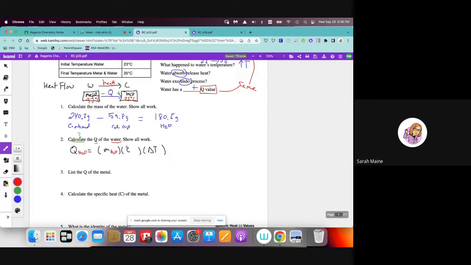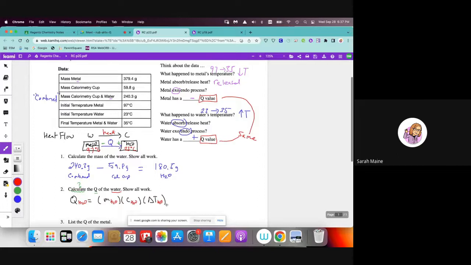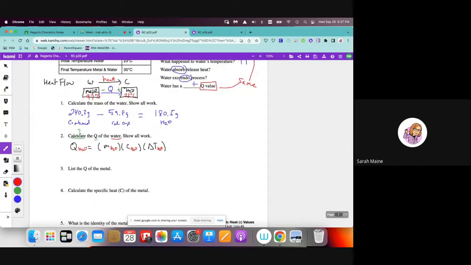When you replace the variable C with the specific heat value, it needs to be the specific heat value of the water. And for the delta T, it's the temperature change that the water went through. So don't go too fast and just grab any numbers from here. Make sure the numbers that you grab belong to the water for this question. So Q is my unknown.